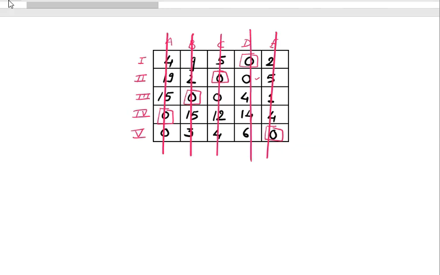So the number of lines is 5. It is equal to the order of the cost matrix.